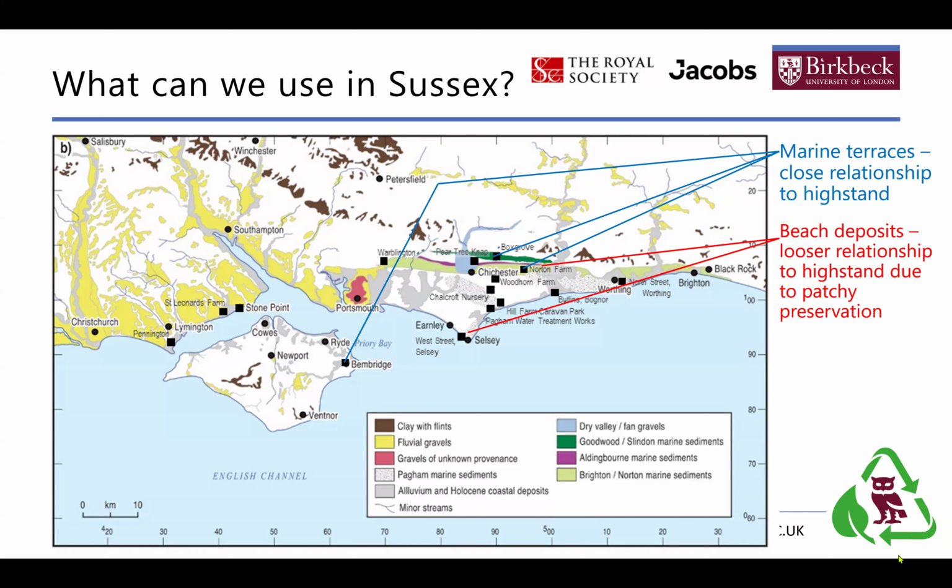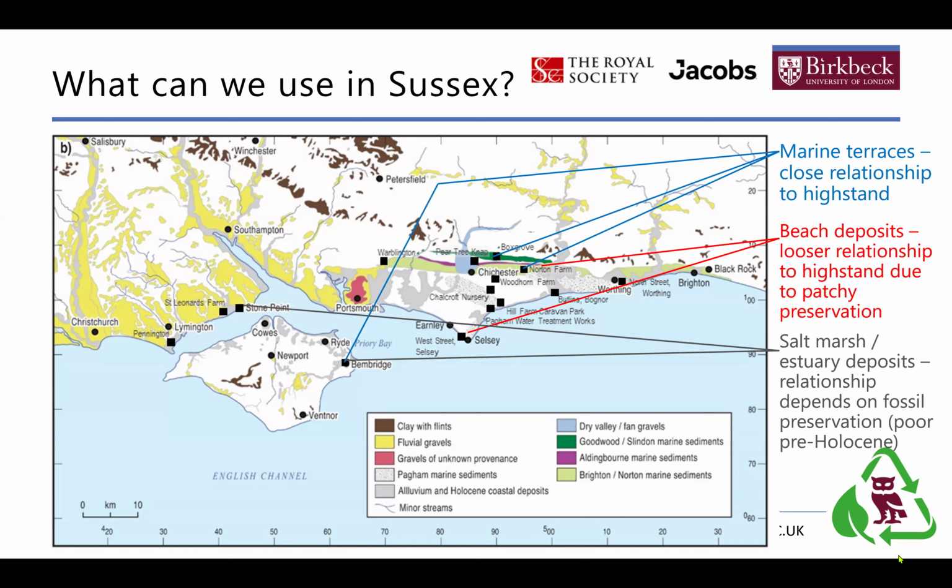We have beach deposits, which have a much looser relationship to the high stand because they haven't got the edge of the wave cut platform. That's the Aldingbourne Formation and the Pagham Formation. And then you've got these salt marsh estuary deposits. Other people were a bit more optimistic about their ability to use them as sea level index points. I was not convinced personally, so we didn't do that.